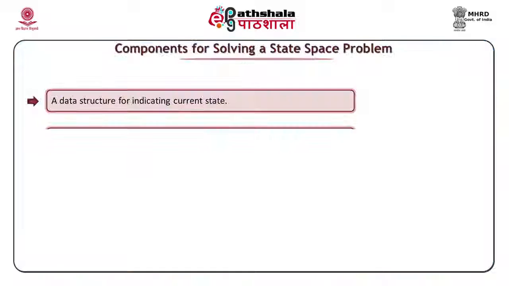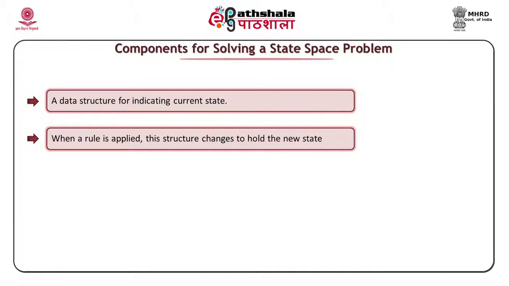Think of a moving car, an automated car, which is actually taking a lot of inputs from lot of sensors, lot of cameras and all that. The data structure that you are going to use is pretty complex. So, it is not always going to be that simple. Anyway, that is the second thing. When a rule is applied, there is something which should change the state. The current state is x. Now, for example, 800 is converted to 5053.